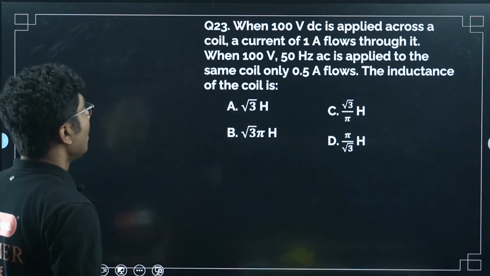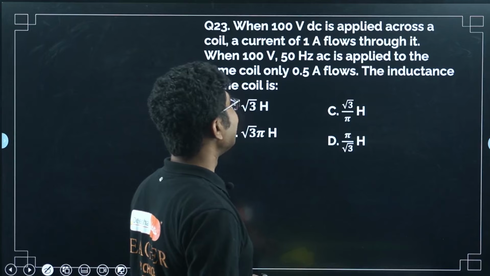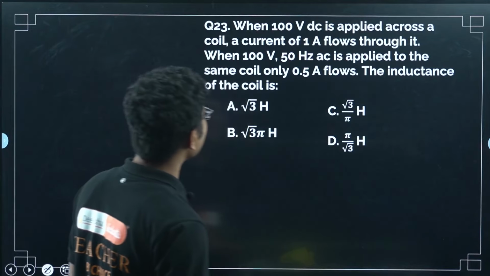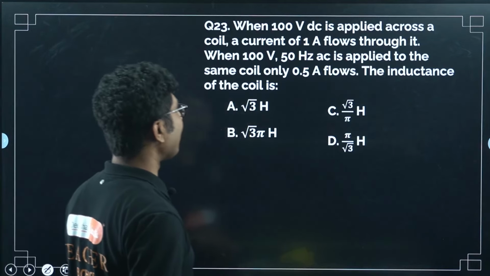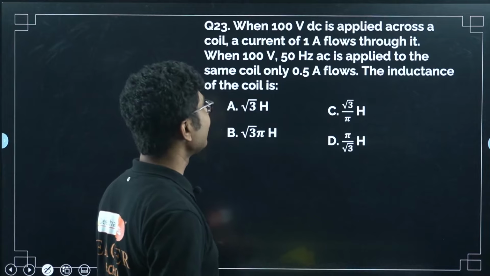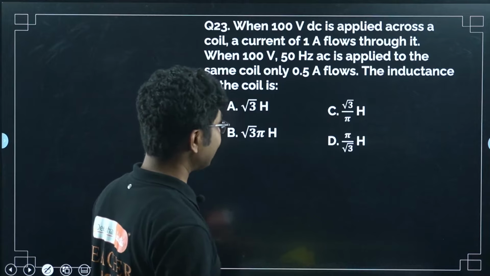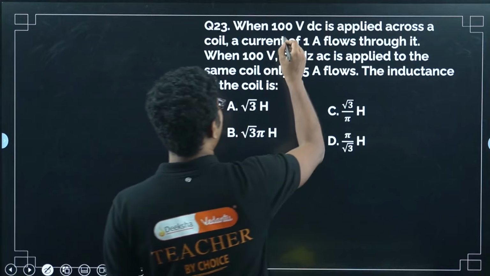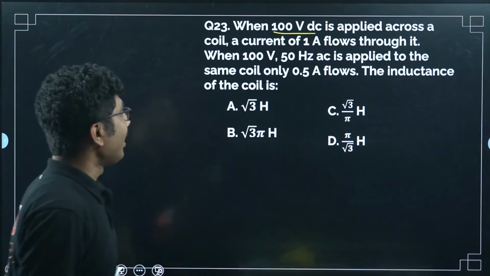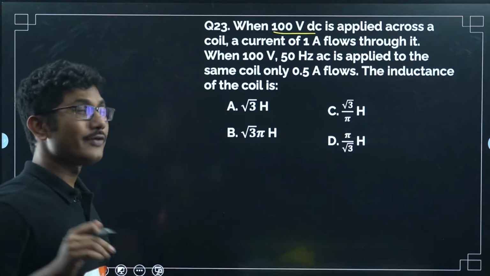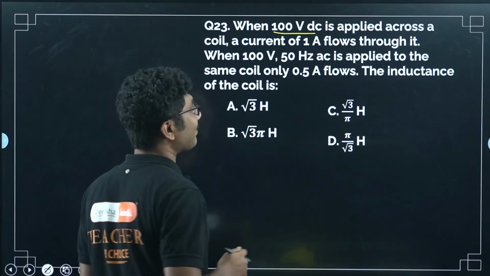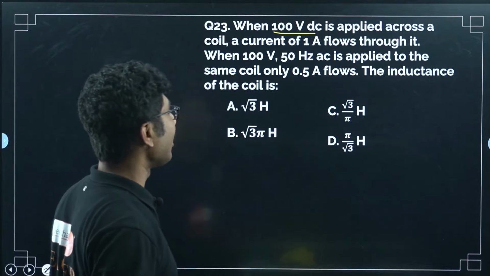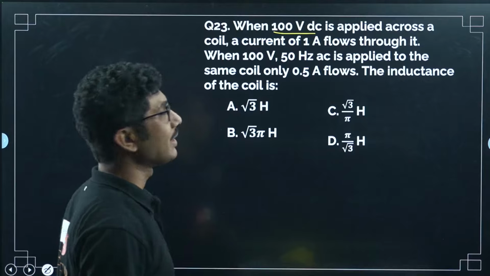Now, when 100 volt DC is applied across a coil, a current of 1 ampere flows through it. So current through a device is 1 ampere when 100 volt DC is applied. When 100 volt 50 hertz AC is applied to the same coil, only 0.5 ampere flows.